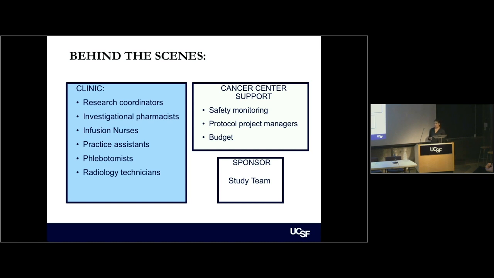We have our budget team that helps us make sure that we have all the funding we need to proceed with our clinical trials. And then if we're working with a sponsor or a pharmaceutical company, they also have a study team that provides support during the course of our trial. And there are a lot of people that go through the data, analyze the data, and determine if we should move on with this study drug.